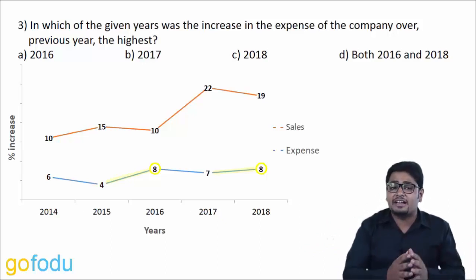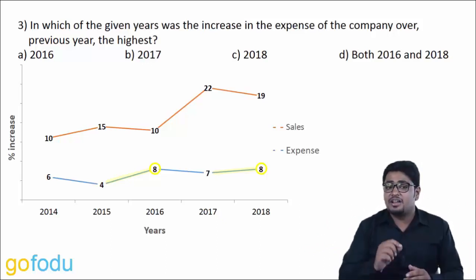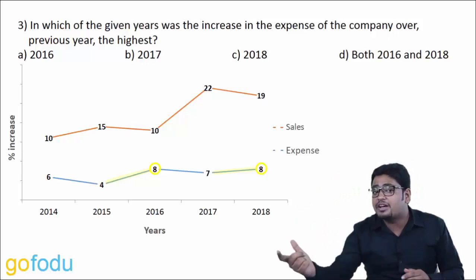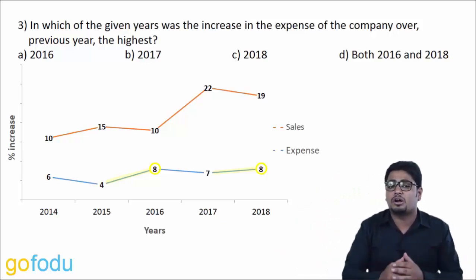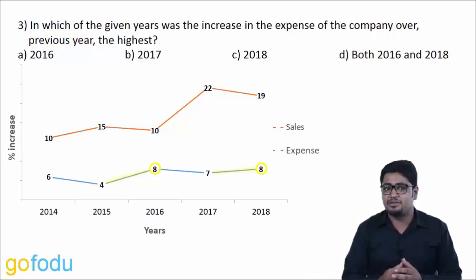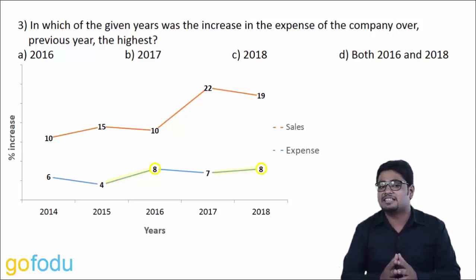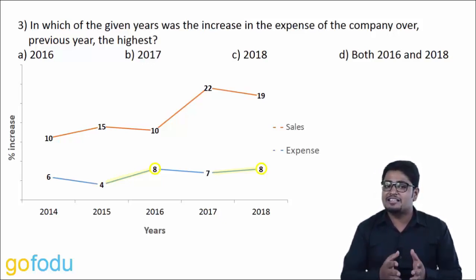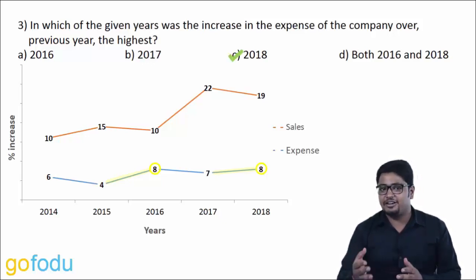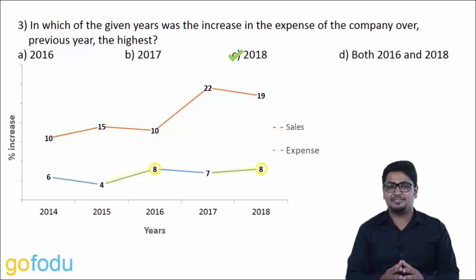And in 2018, this 8% increase is now on a much bigger base than what it was in 2016. So, the increment value will also come out to be much bigger than in 2016. So, answer is C, 2018.